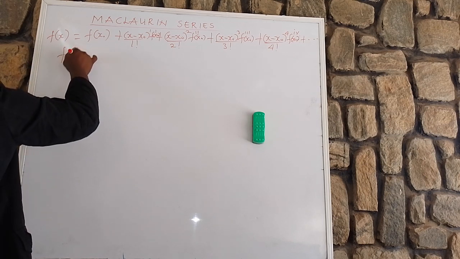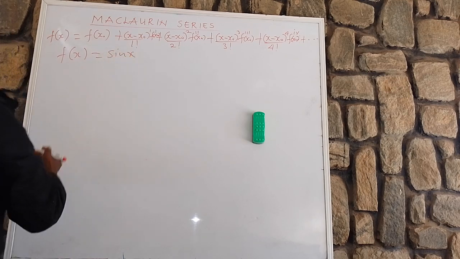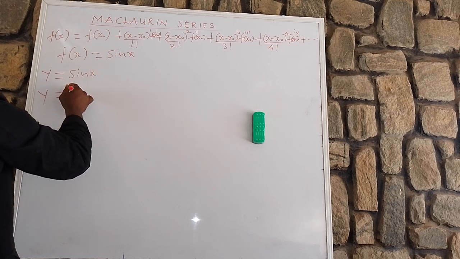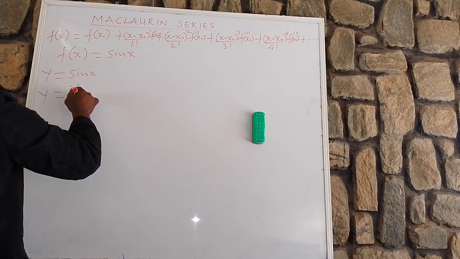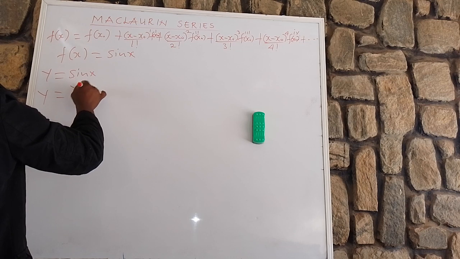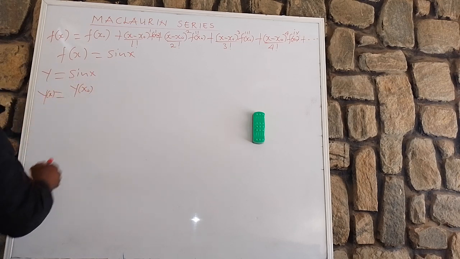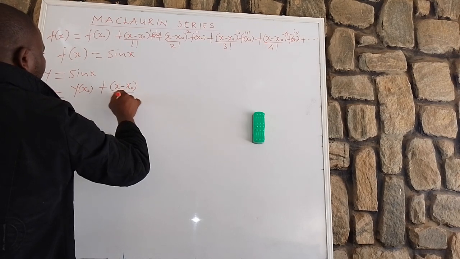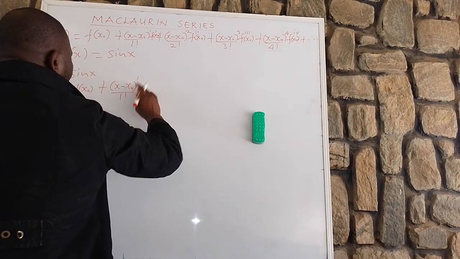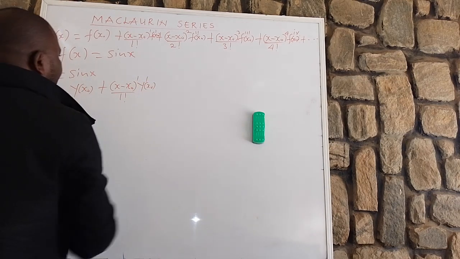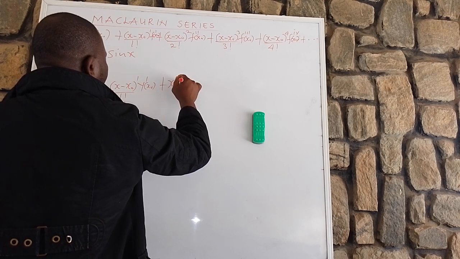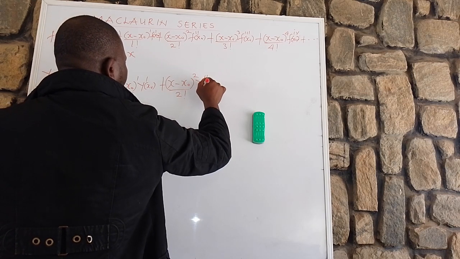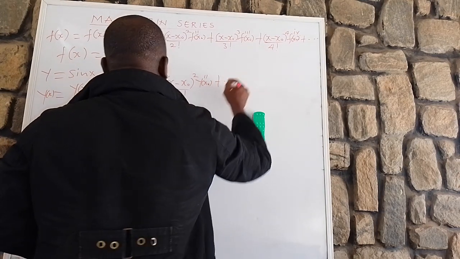Assuming the function is f of x equals sine x, and if it is in this form, y equals sine x, then y will be equal to y of x naught plus (x minus x naught) over 1 factorial raised to the power 1, y prime of x naught, plus (x minus x naught) raised to the power of 2 over 2 factorial y prime prime of x naught, and it continues.